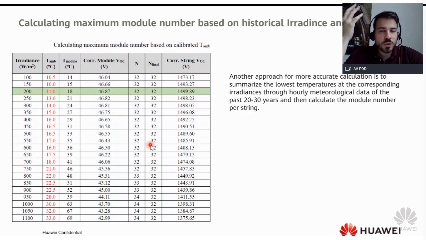Now we can also do the calculation, which might be even more close to the real situation, when we take into account the historical irradiances, and for these historical irradiances, the ambient temperatures. So this should be actually used from PV Syst.